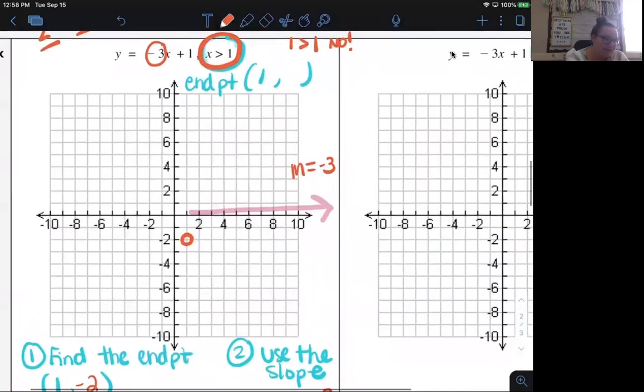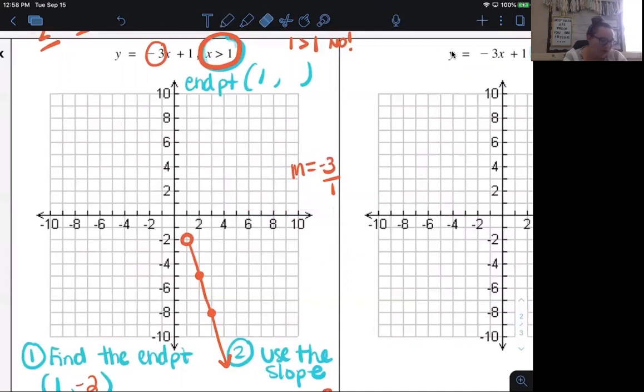This was in y equals mx plus b form, so we know the slope is -3. That means we're going to go down 3, 1, 2, 3, and over 1. And we see that our graph extends to the far right forever. And there we go. We've just graphed a ray. That's all there is to it.